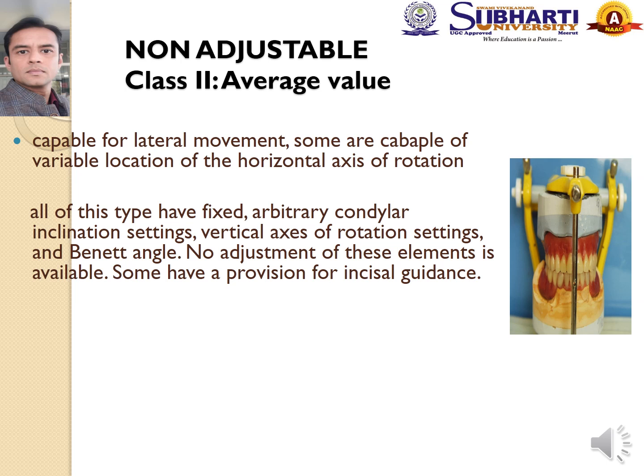Example, type 2 or non-adjustable average value articulator, which is capable of lateral movement. Some are capable of variable location of horizontal axis of rotation. Now all of this type have fixed arbitrary condylar inclination settings, vertical axis of rotation settings, and Bennett angle. No adjustments are available.